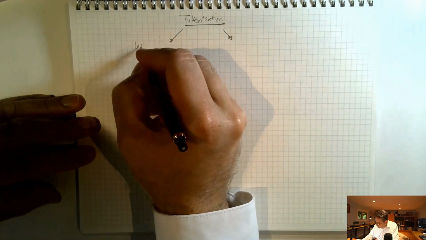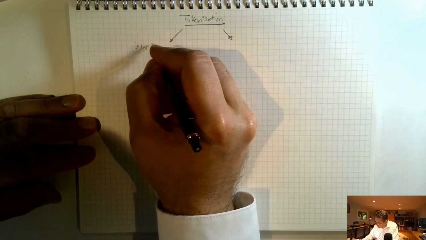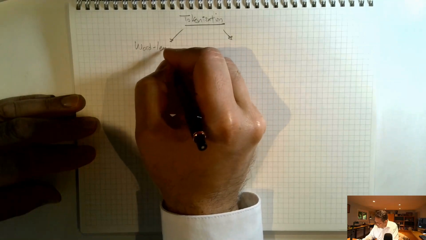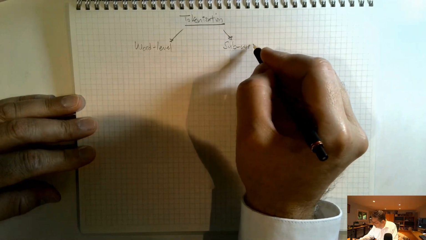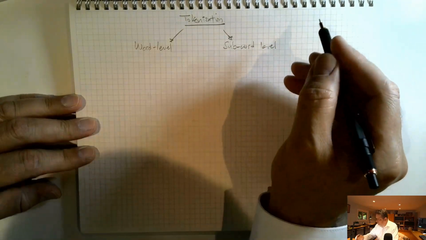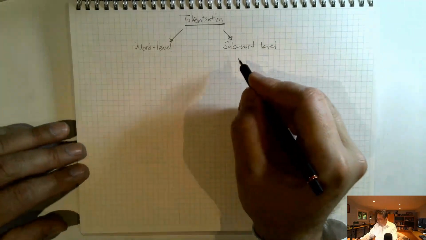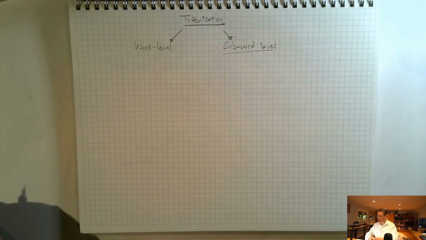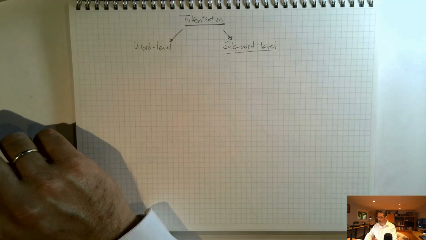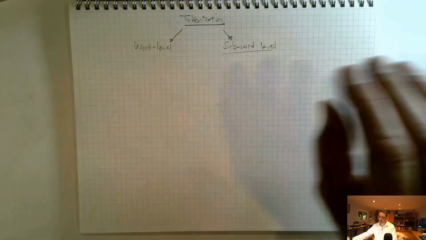The first is titled the word level, and the other is the sub-word. I think it's instructive to discuss the simple case first, which is that of the word level tokenization.